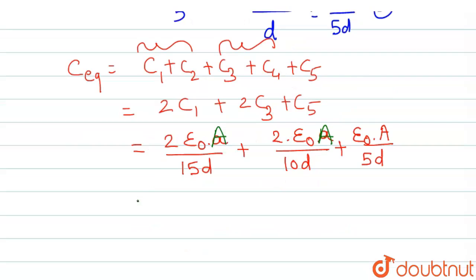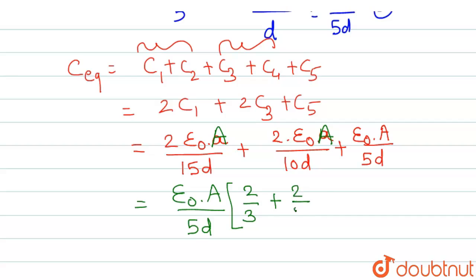We can take common, so epsilon 0 into capital A divided by 5d is common. So inside the bracket we have 2 by 3 plus 2 by 2 plus 1. So this is also 1.